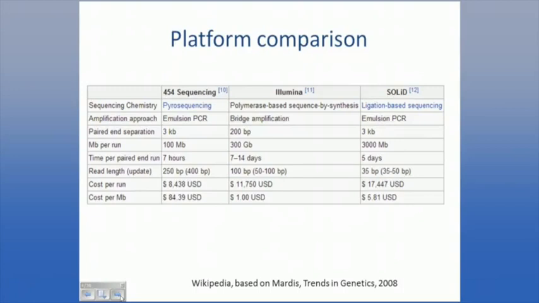Likewise, the ABI SOLiD platform can generate data. The read lengths tend to be shorter, and generating the data isn't quite as inexpensive as it is on the Illumina platform. So today we're going to talk mostly about the Illumina platform rather than the other platforms.